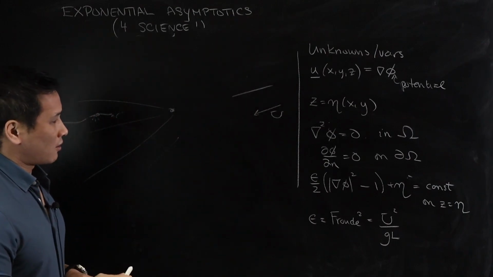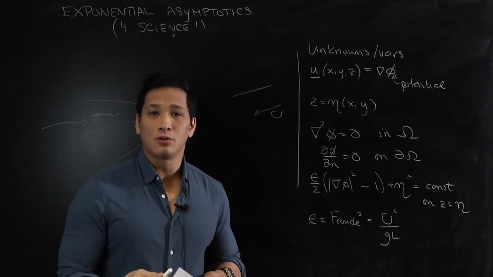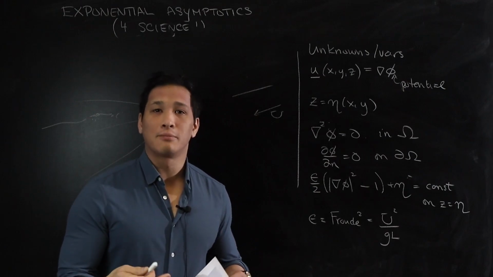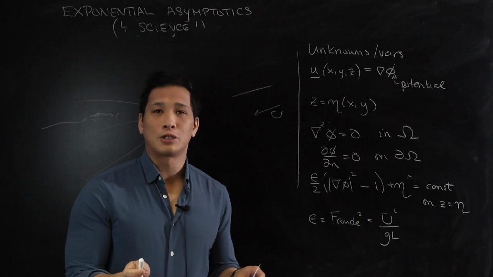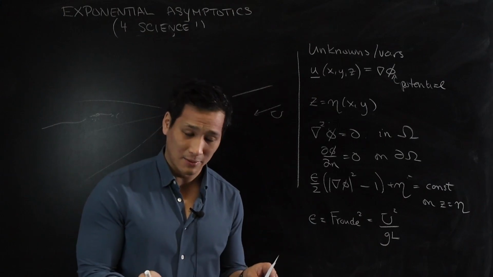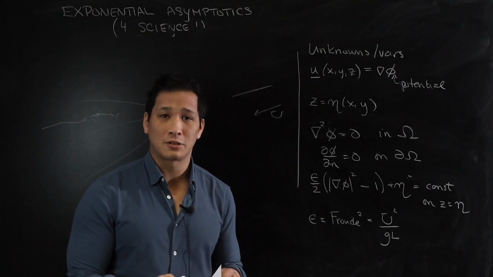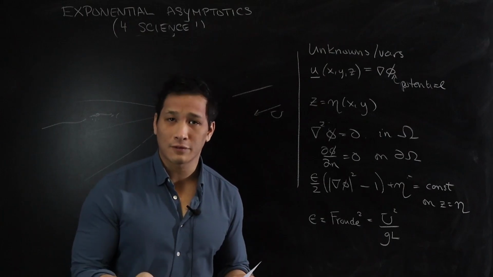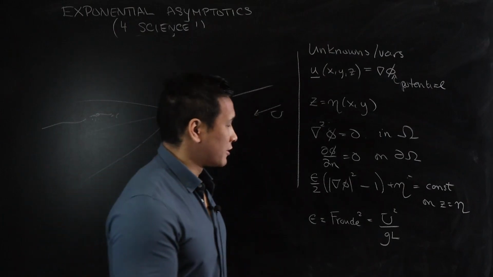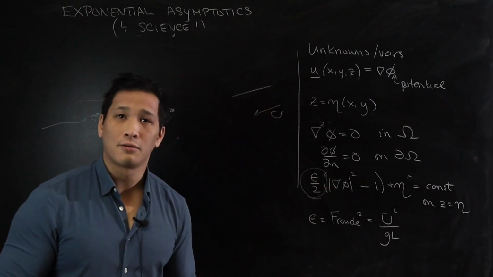But what we're interested in, what Ogilvy was interested in, is can you do these kind of approximations on blunt-bodied ships, on ships where you're not going to make some kind of geometrical assumption on the body. You're not going to assume that it's going to be infinitely thin or infinitely small in one or many of its dimensions. But you still have to take some kind of approximation, so it's sensible for you to take the limit that epsilon tends to 0.